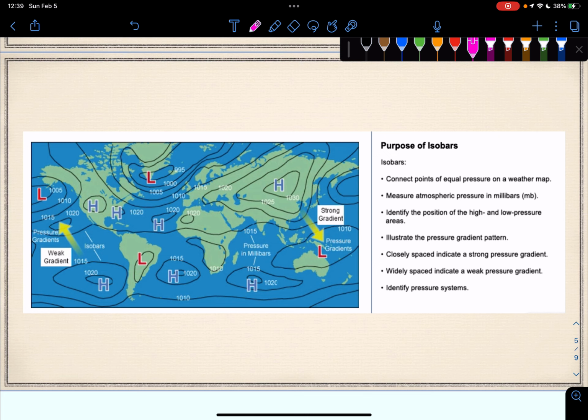So these iso lines will be packed together, indicating a large change over a small distance. So I would say somewhere over here has the strongest gradient, and somewhere maybe over here in South America and over the Indian Ocean would have the smallest gradients, because the values are changing very slowly.